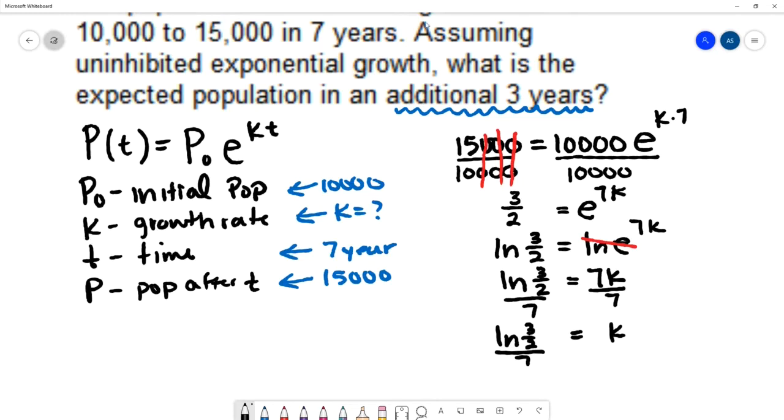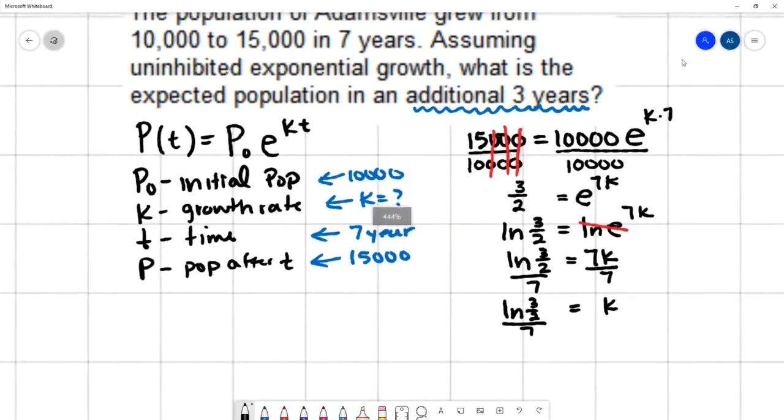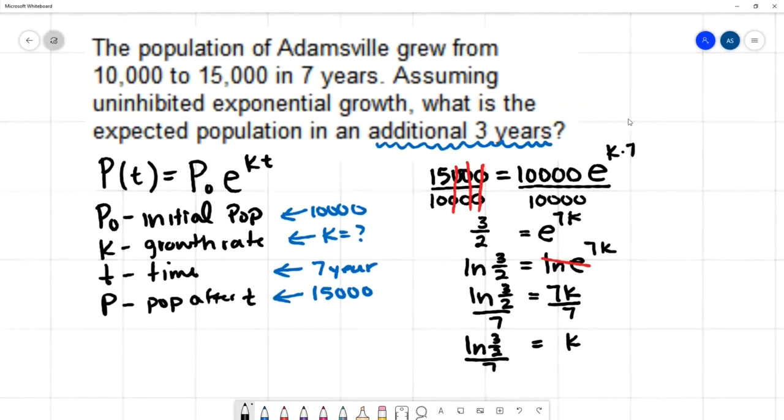And now if we want to find out what the population will be with an additional 3 years, we can do that, and there are 2 different ways you can approach it. We want to find an additional 3 years. So if you want to use a time of 3 years, you're going to start from the 15,000.